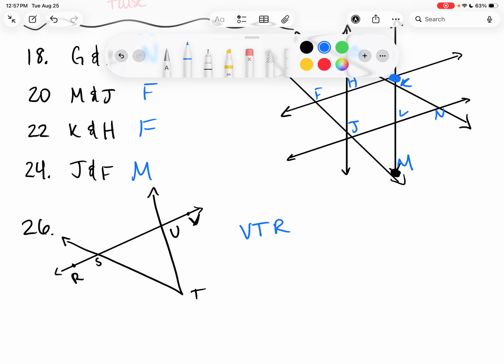What does it mean for them to be collinear? On the same line. So, in order for me to have 3 points that aren't all on the same line, what letter would have to be included right now? T. So, any combination of 2 of these letters and T will work. So, yep, T, S, and U works. I could do RTU, yep, RTU.